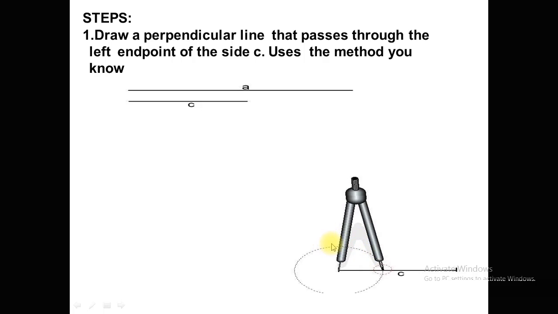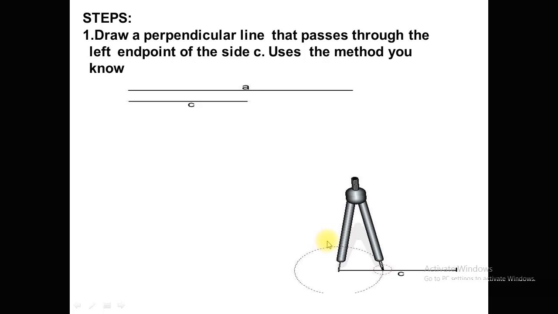Now the 90 degree angle. For the 90 degree angle, open the compass, put the compass at this point and draw an arc. Now put the compass at this point and draw another arc, and then put the compass at this point and draw another arc. Now bisect this last arc.